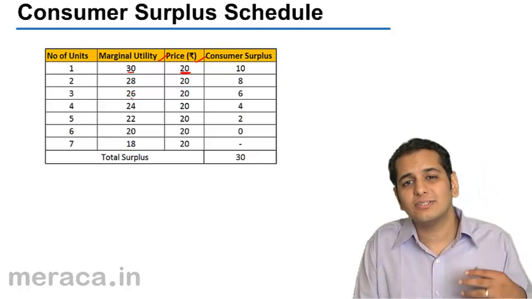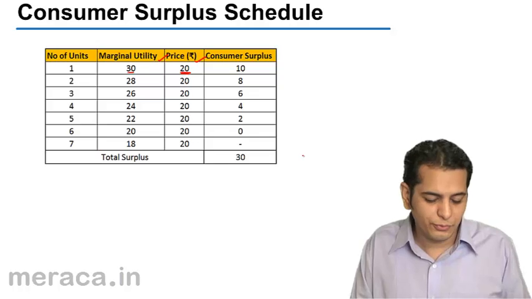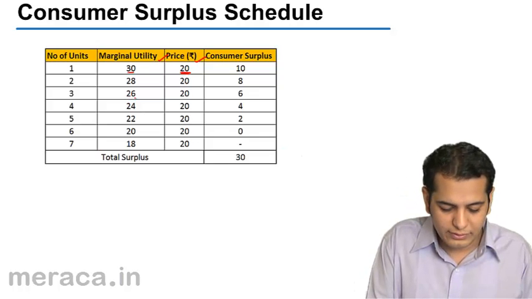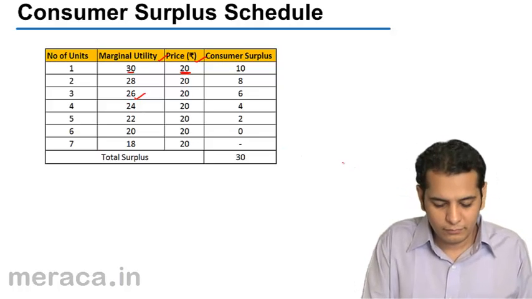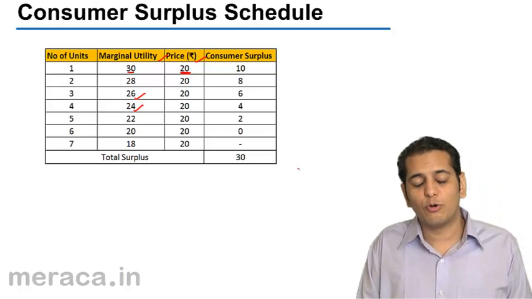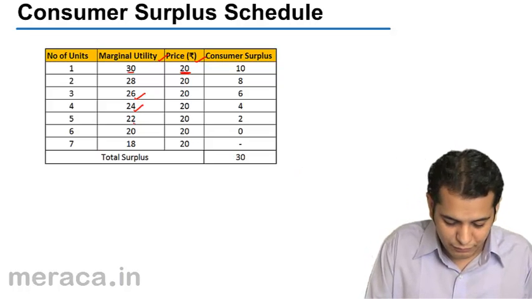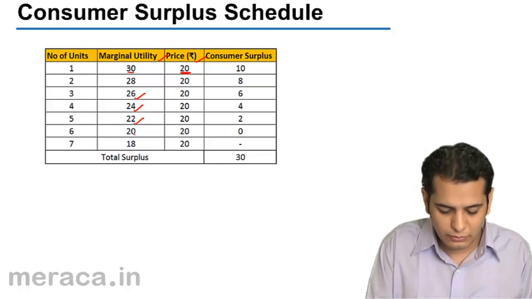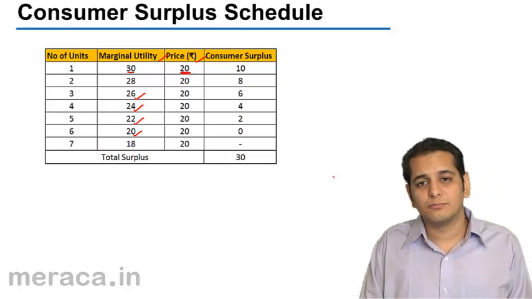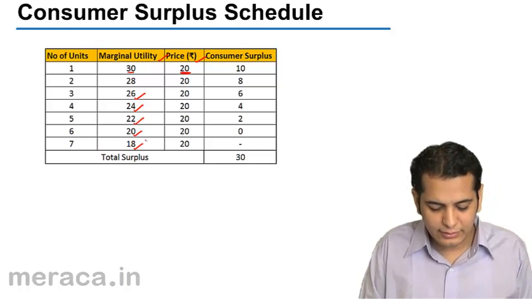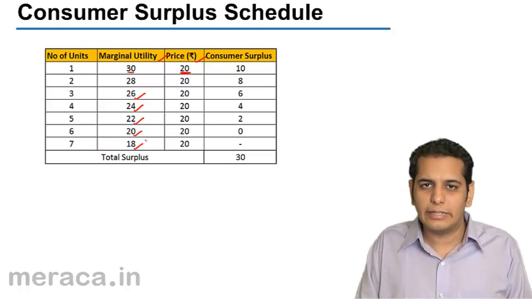Likewise, the marginal utility at the third unit falls to 26. At the fourth unit, it falls to 24. At the fifth unit, it falls to 22. At the sixth unit, it becomes 20. And finally, at the seventh unit, it becomes 18.